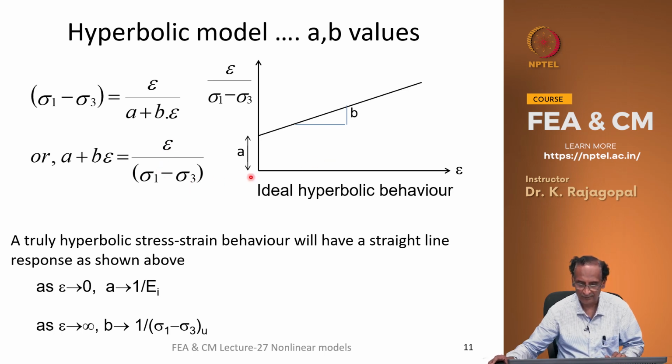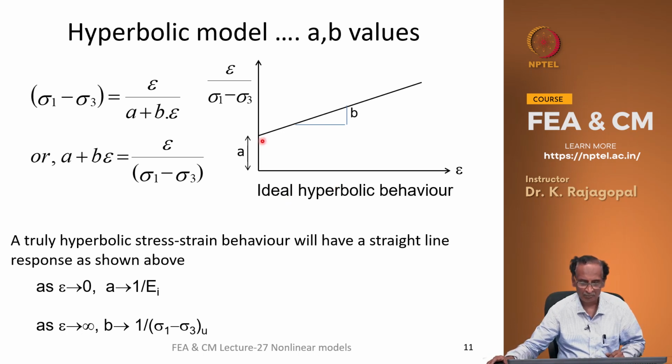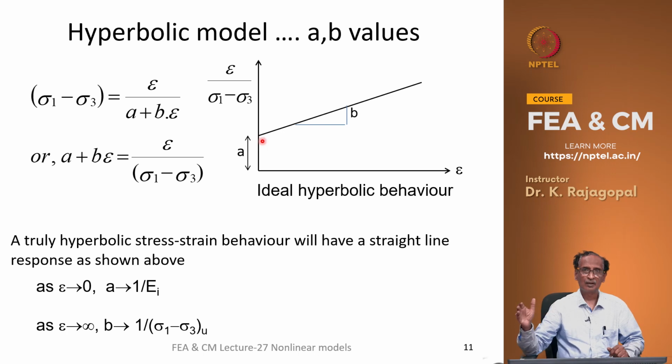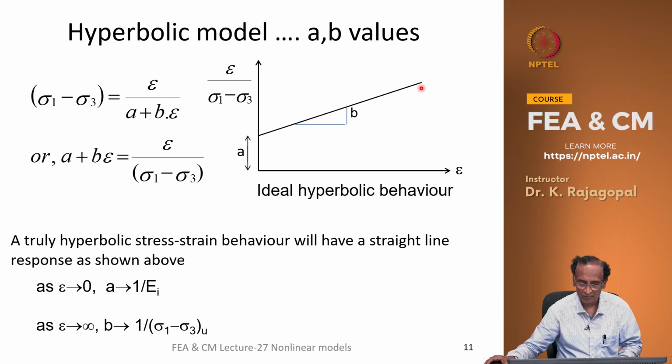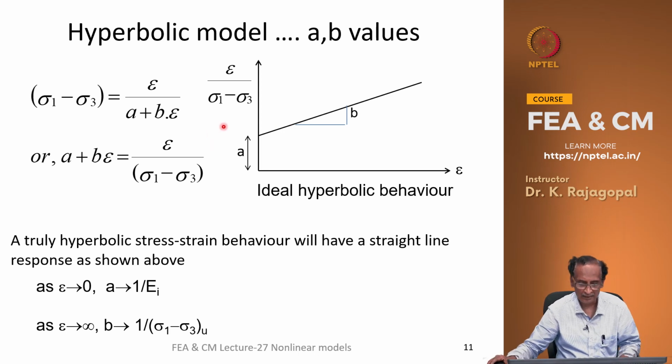If we plot a graph between epsilon on the x axis and epsilon by sigma 1 minus sigma 3 on the y axis, and if it is a truly hyperbolic behavior, all the data points should fall on a straight line like this, or in the worst case they will all be falling very close to this line. Then we can fit a best fit line, and the intercept on the y axis is your A and the slope is B.